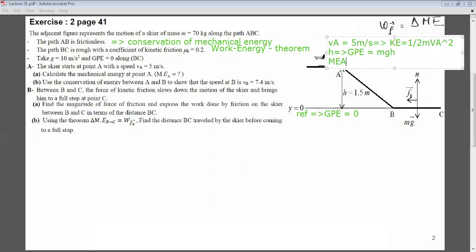So mechanical energy at A is equal to half mVA squared plus mgh. So this is mechanical energy at A.